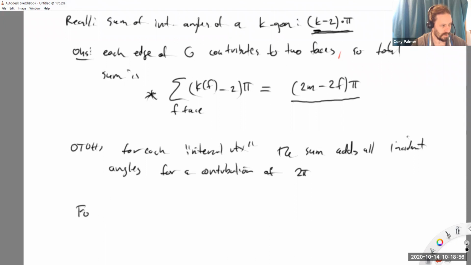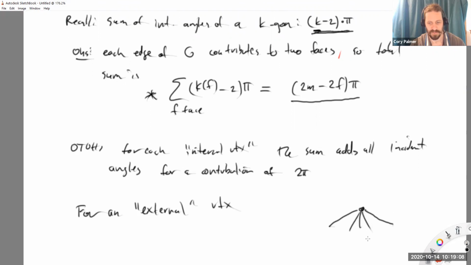So for an external vertex, let's look at an illustration here to help us out. Say this is a vertex on the exterior. There could be multiple faces along the way here, and we sum up the internal angles for each of these. And later, we also sum up the internal angle for the fact that this is an outer face at the same time, right?